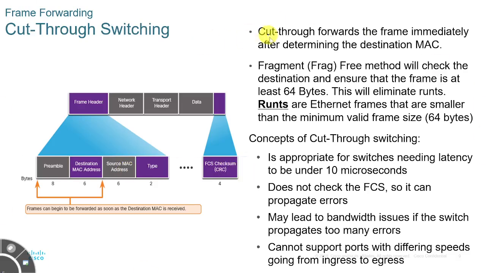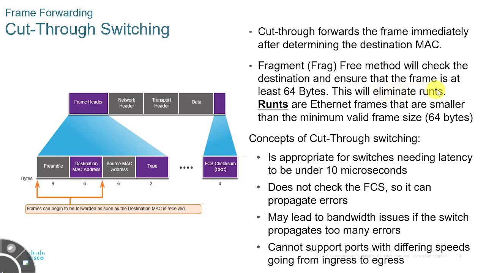Okay? So cut-through forwards the frame immediately after determining the destination MAC. So this is in 64 bytes, for example. The fragment-free method will check the destination and ensure the frame is at least 64 bytes.